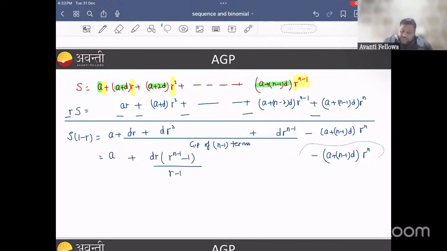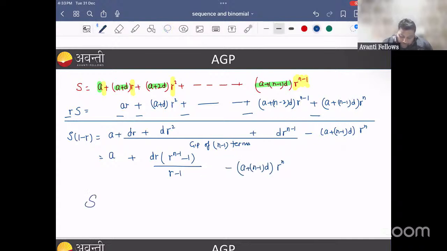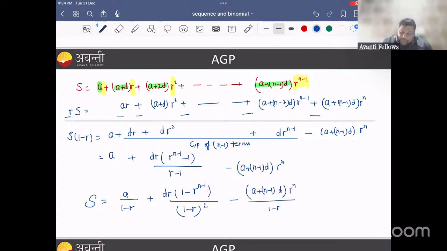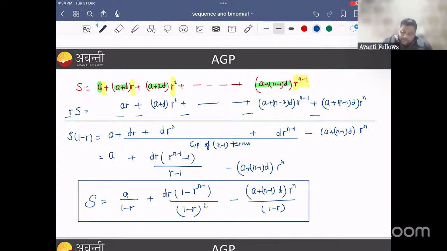Now I shift this term here. So finally the formula for the sum is A upon 1 minus R plus dR into 1 minus R to the power N minus 1 upon 1 minus R whole square, minus A plus N minus 1 into D into R to the power N upon 1 minus R. This is the sum up to n terms of an AGP.